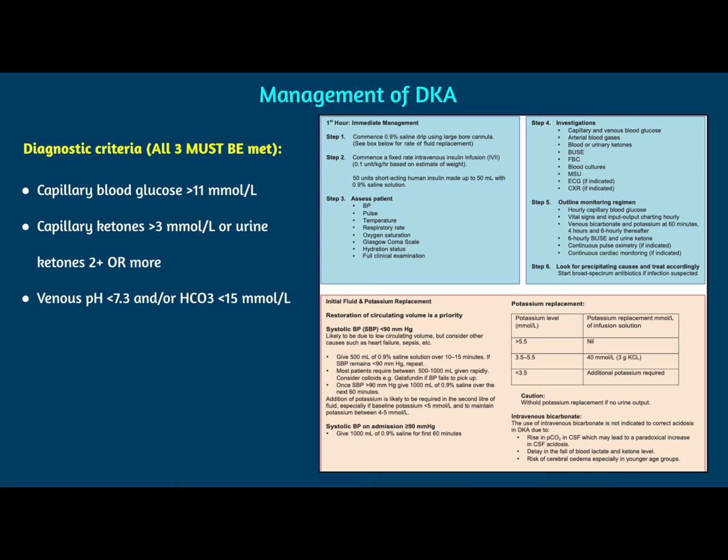The image on your right depicts the first hour immediate management that needs to be instated in a person who is diagnosed with DKA. As you can see, the first step is commencing fluid replacement through boluses, followed by simultaneously commencing a fixed rate of intravenous insulin infusion, which is equivalent to 0.1 unit per kilogram per hour based on the estimated body weight, as well as continuously assessing the patient's vital parameters.